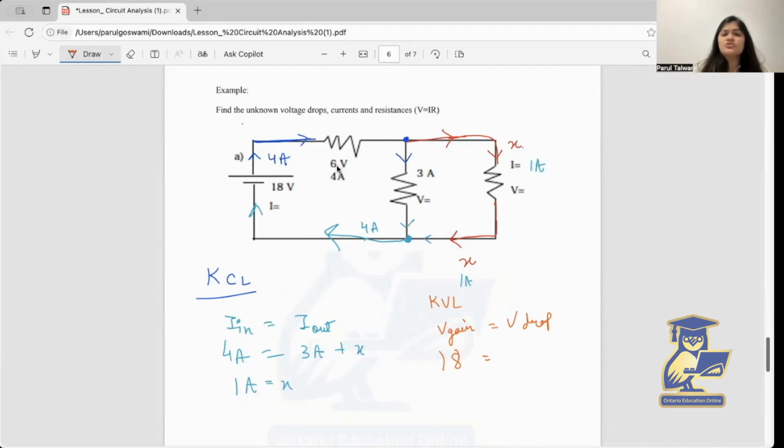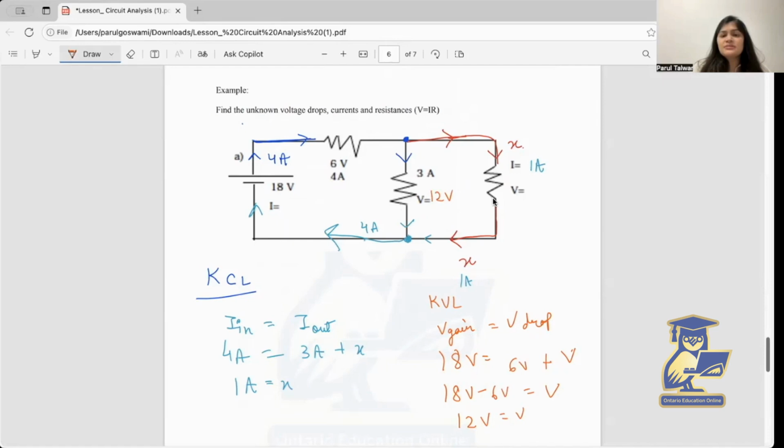So I can write 6 volt plus V, since we do not know the voltage drop across this resistor. So 18 volt minus 6 volt will be the voltage drop, which gives us 12 volt. So we have 12 volt across this resistor.